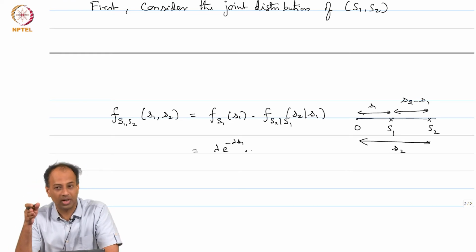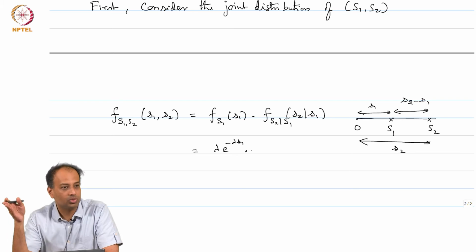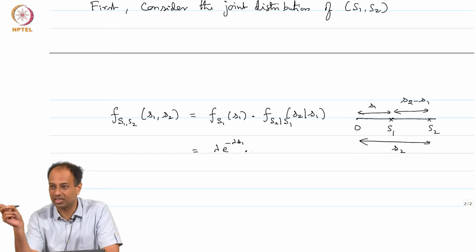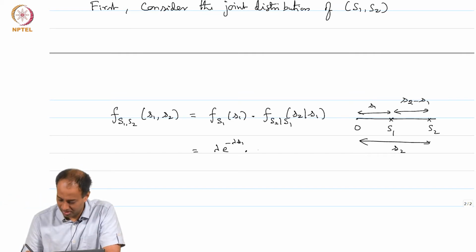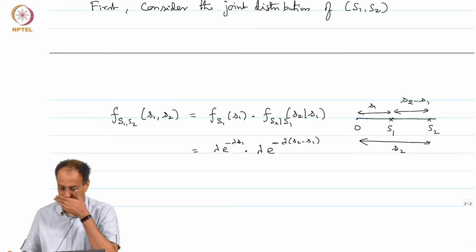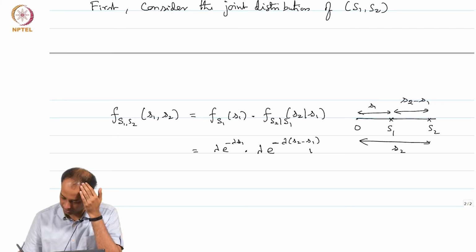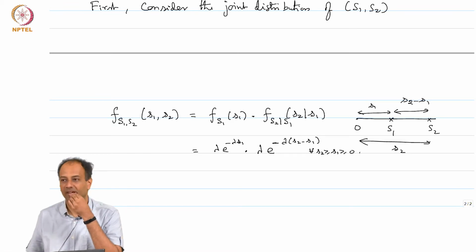So, you are conditioning now on S1 and you want S2 to be little s2, right, which means that the realization of x2 should be S2 minus S1, right. So, that you can, right, this is just the density of the x2 evaluated at S2 minus S1, correct, and this is true for all S2 bigger than or equal to S1 bigger than or equal to 0, correct.